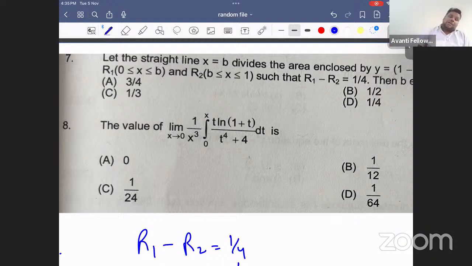Yes, there you go. Mark your answer in this poll.